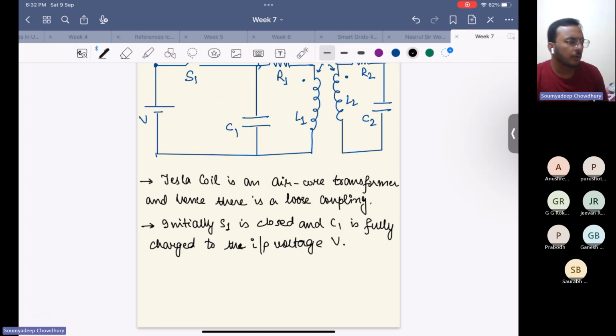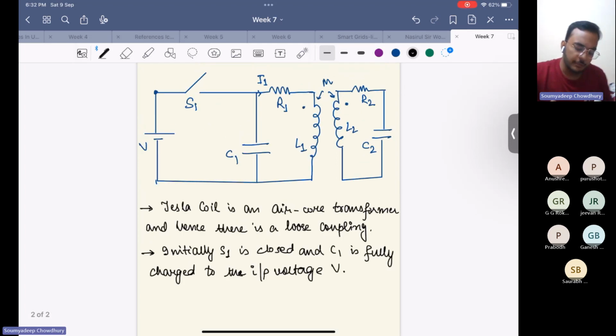Now, as this capacitor C1 gets fully charged, obviously it will find a path to discharge. It will discharge through this path, through this inductor and resistor.